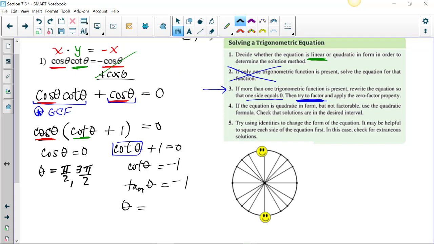Tangent is negative in quadrant 2 and quadrant 4.